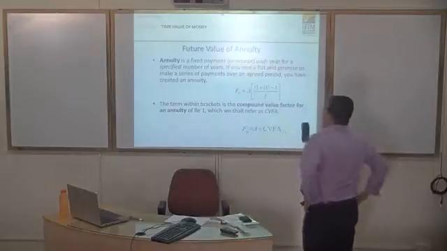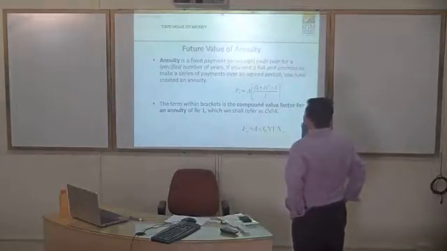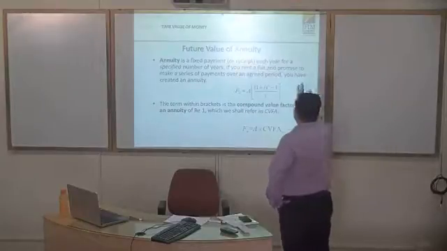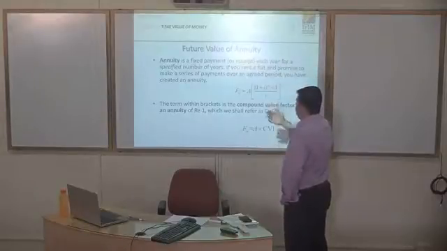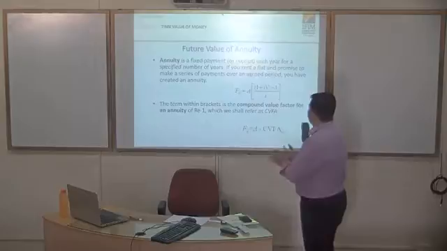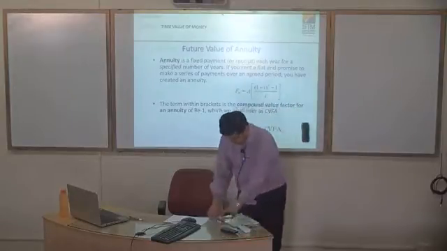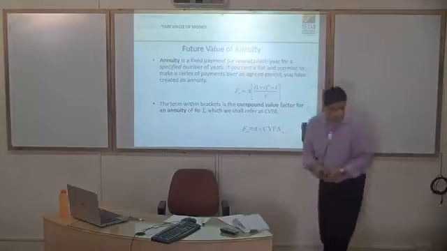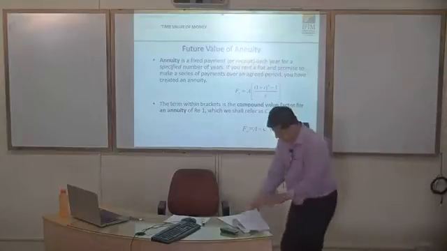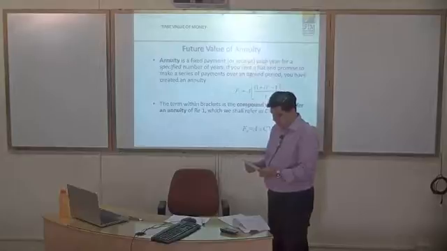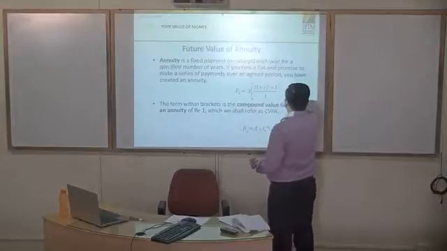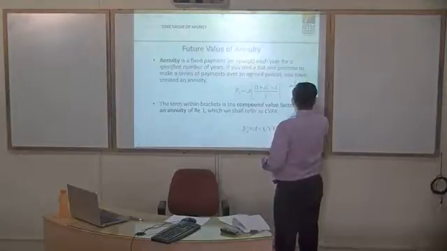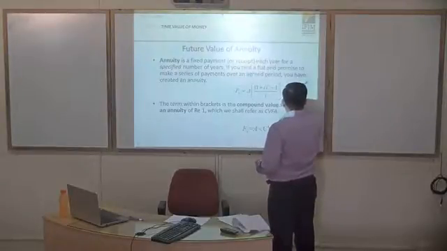So, the future value of annuity. Annuity is the fixed payment or receipt each year for a specified number of years. If you rent a flat and promise to make a series of payments over an agreed period, you have created an annuity. So this is the formula for annuity: amount into (1 + i)^n minus 1 divided by i, where i is the interest rate and n is the number of years.